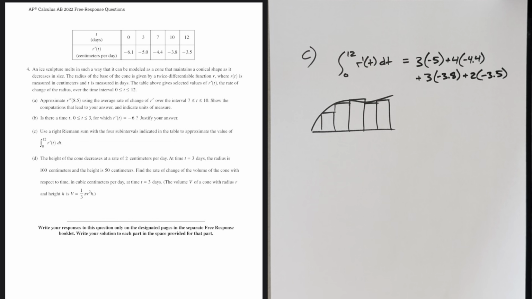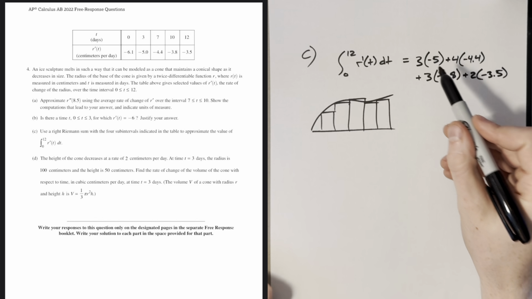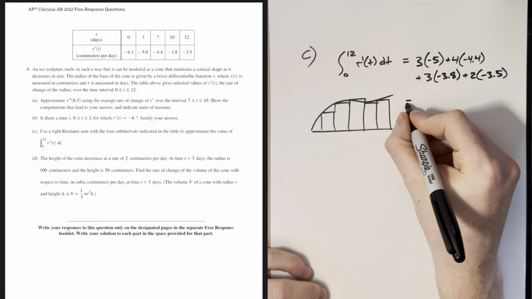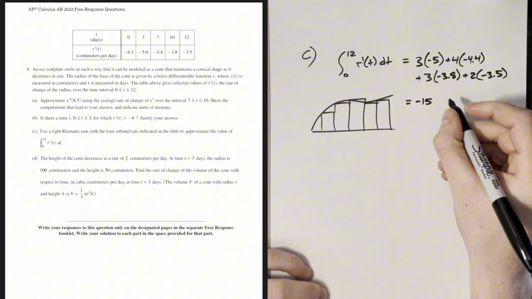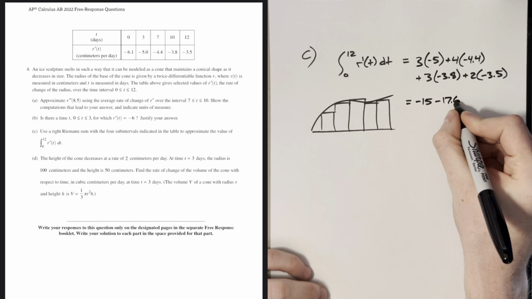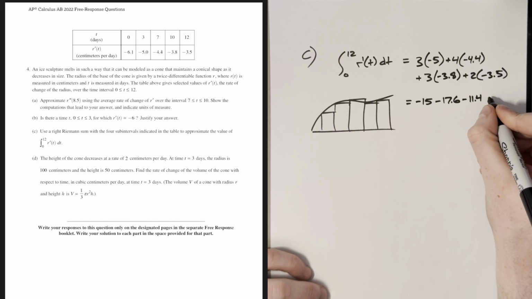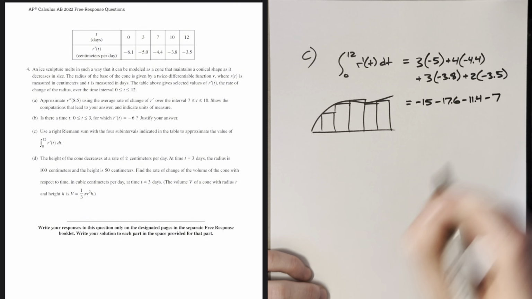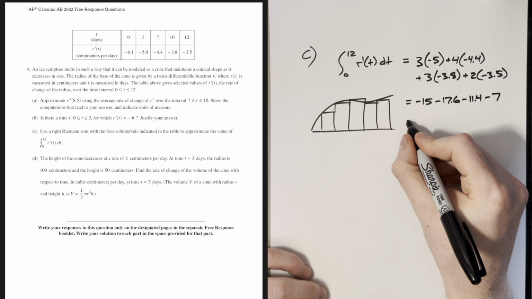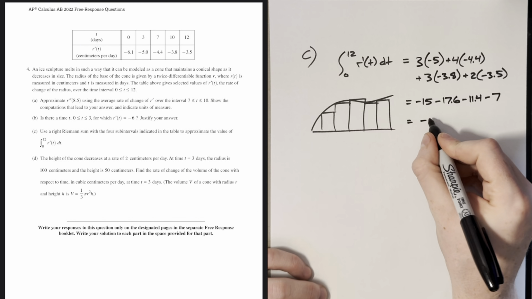So we got to use our big old math brains to multiply out some decimals, but this will give us -15 minus 17.6 minus 11.4 minus 7. Combining these together, those two is -22.